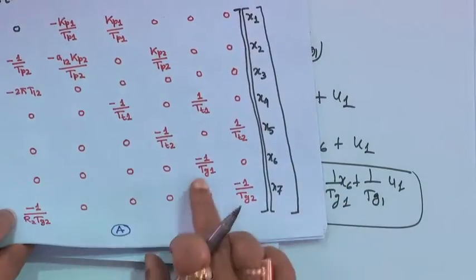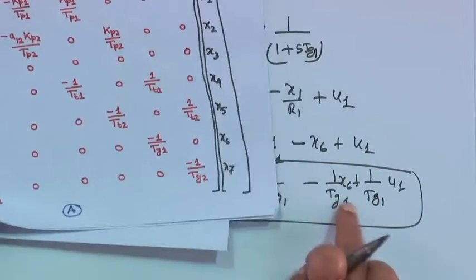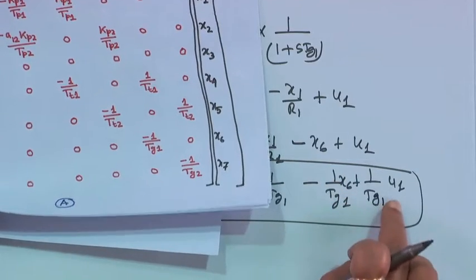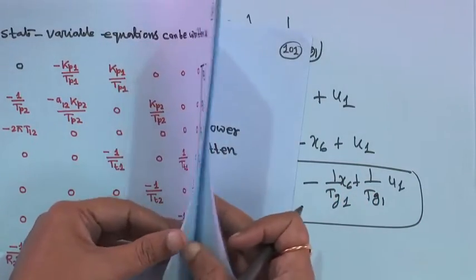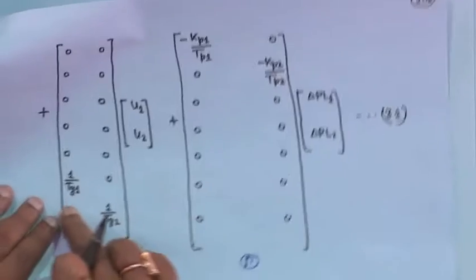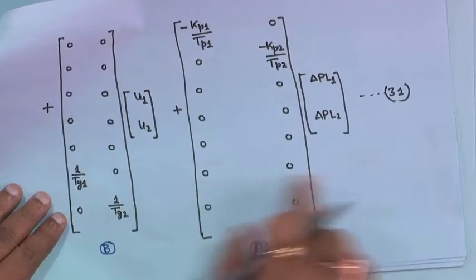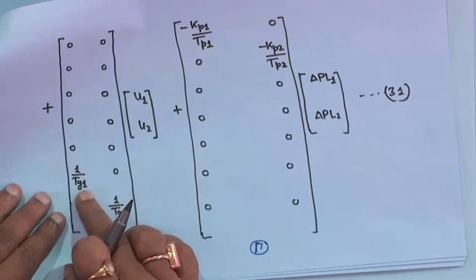Then the sixth element is minus 1 upon Tg1 into x6, and in the u, that sixth element, 1 upon Tg1 u1 is there. So we go to the B matrix, this is the sixth row. Here it is 1 upon Tg1, it is 0, no delta PL is involved here, but it is 1 upon Tg1.